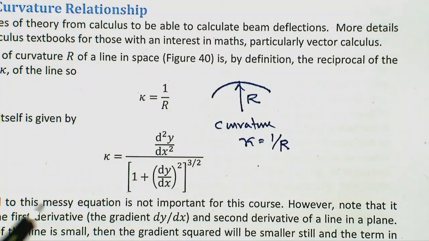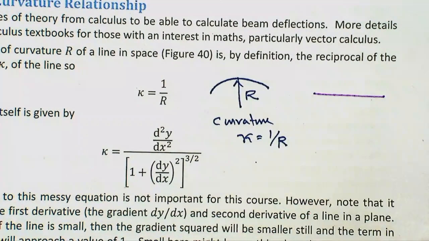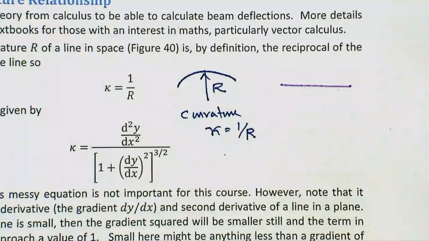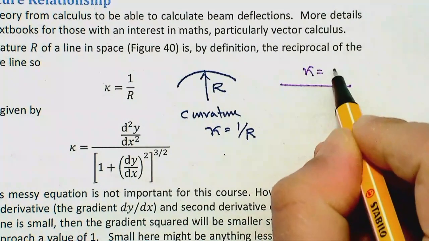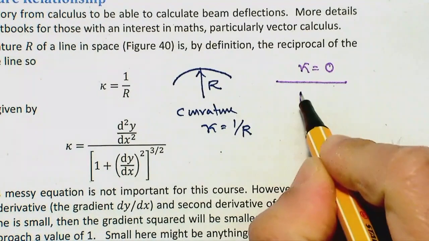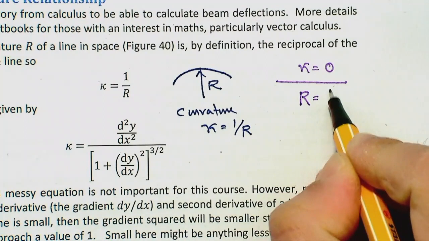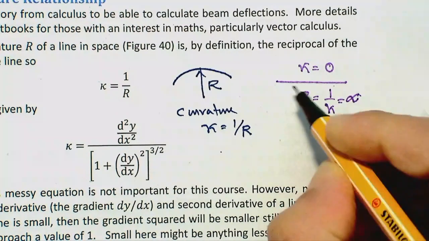You can also appreciate that if something is a straight line, then curvature is 0, because a straight line means no curvature. So its radius of curvature, 1 over kappa, is infinite.